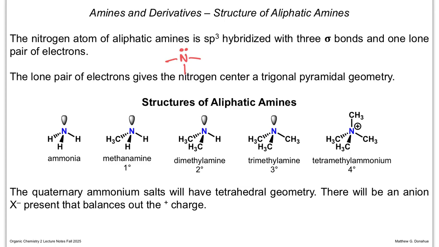Because it's not an actual substituent, the nitrogen is not tetrahedral. All the lone pair is doing is kind of shoving those 3 other groups into a plane. And we would say the geometry is trigonal pyramidal. So the lone pair isn't really counted as a substituent, so we give it this other name for the geometry.